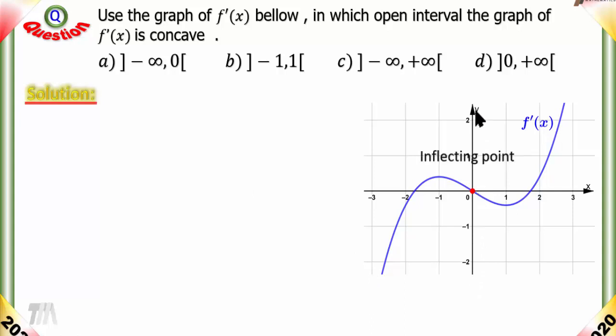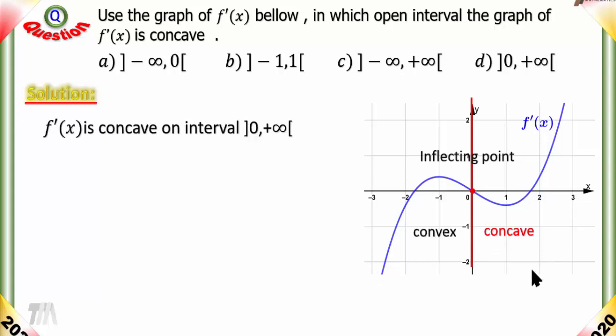Draw a vertical line splitting the graph into two parts. At the left it is convex and at the right it is concave. That means f prime of x is concave on the interval from 0 to positive infinity, which means D is a correct answer.